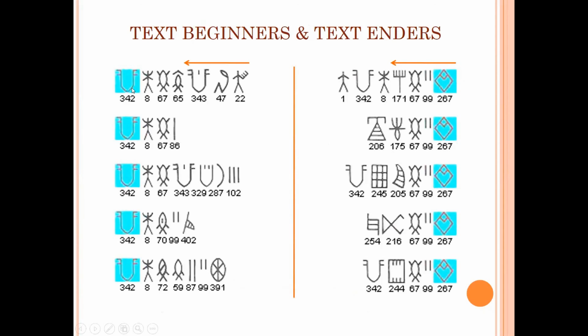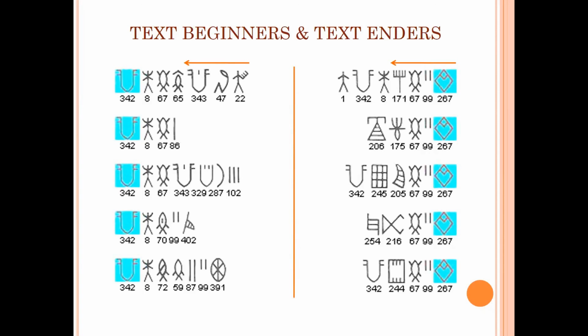This is the most frequently appearing text ender. However, we found some interesting differences between the usage of text beginners and text enders. A very limited number of signs are allowed at the text ending position, whereas at the text beginning position, a large number of signs can appear.